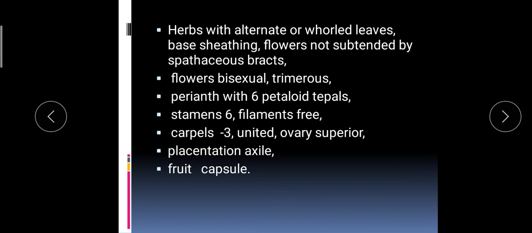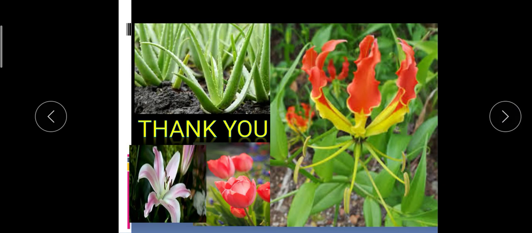So in brief, you can see the herbaceous plants with flowers not having bracts, flowers bisexual, trimerous, perianth 6 tepals, stamens 6, carpels 3, placentation axile, fruit capsule, and some economically important plants.